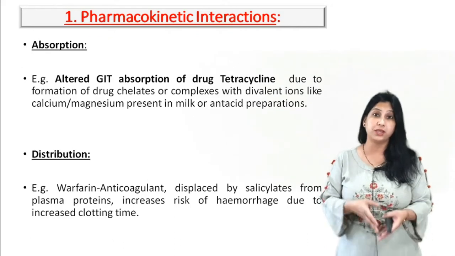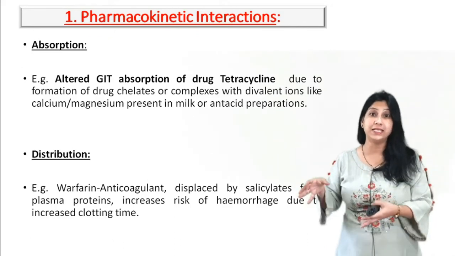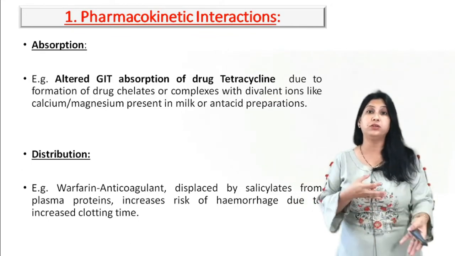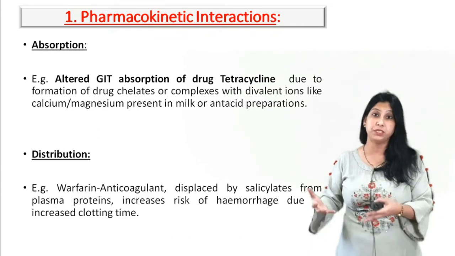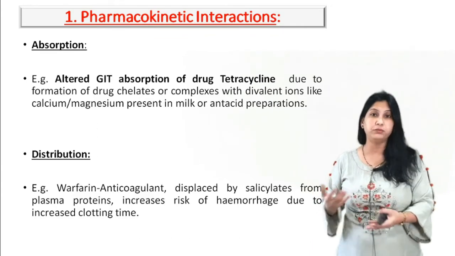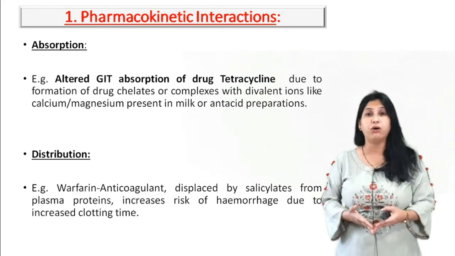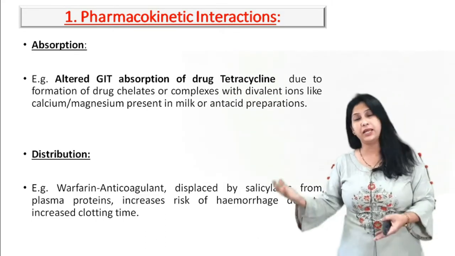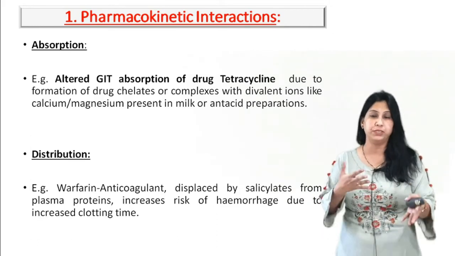But if this drug is administered along with salicylates, the salicylate will also compete for plasma protein binding, and that may result in displacement of warfarin from the plasma proteins. That will result in higher anticoagulant activity, and that may result in hemorrhage because of the increased bleeding time.